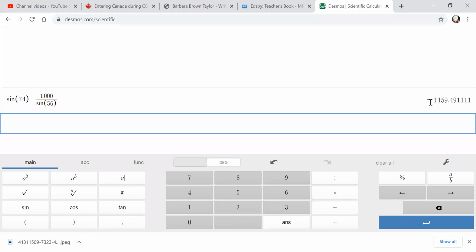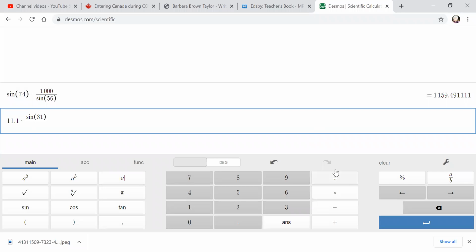You guys may have to tell me that again because I'm going to forget what I just said. 11.1 times sine 31, divided by 5.8.